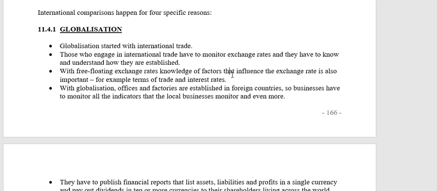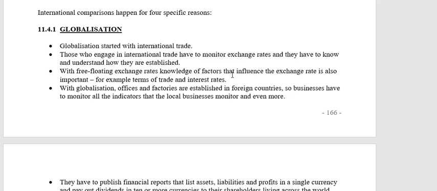So with globalization, last year we spoke about the multinational companies. These are businesses that have offices and factories not just in one country. They have branches of their business in many different foreign countries. So if I am a South African business and I have a branch or a factory in Zimbabwe, I need to understand what is happening in Zimbabwe, because it's not just the South African situation that is going to affect my business.